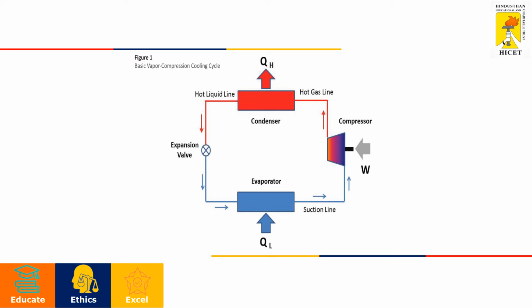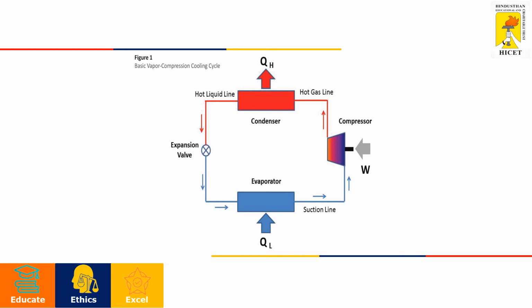The refrigerant from the tank will be in the form of liquid. It enters the evaporator. That liquid refrigerant removes the heat from the evaporator, that is, from the food, vegetables, fruits, meat, milk, whatever we have inside. The refrigerant removes the heat.